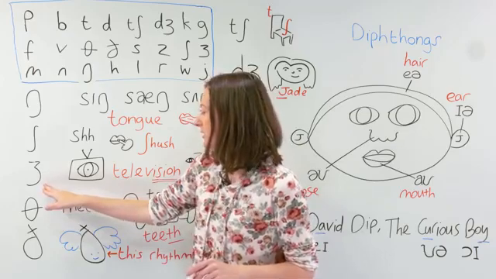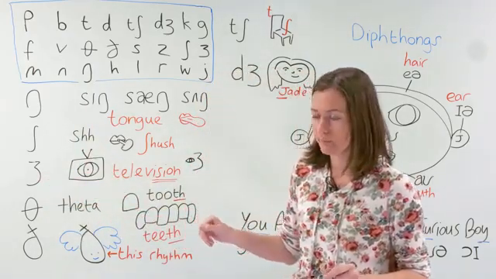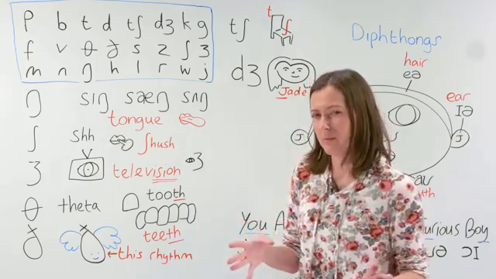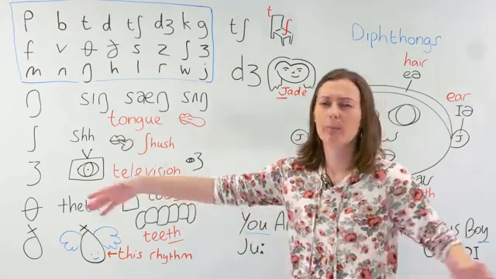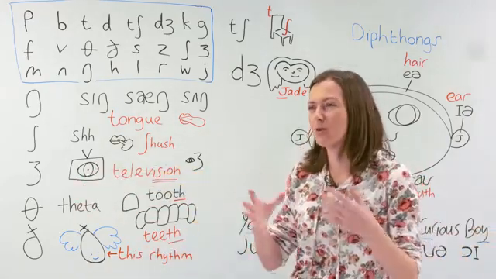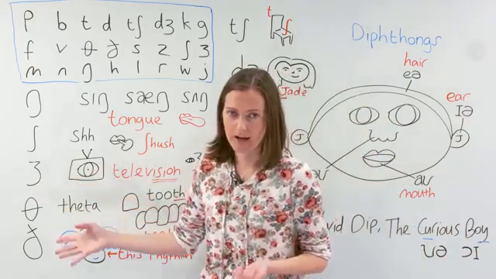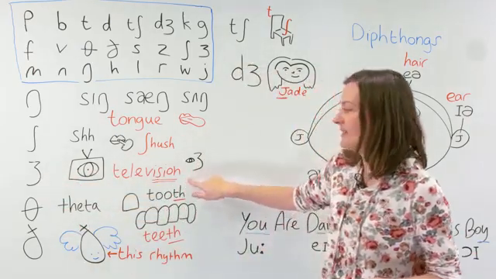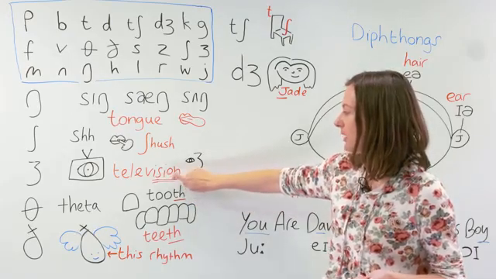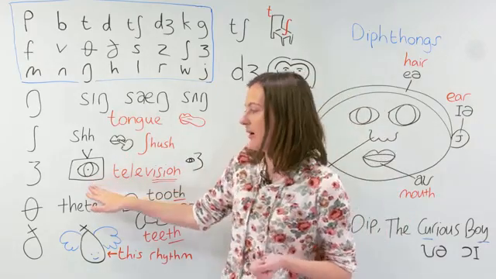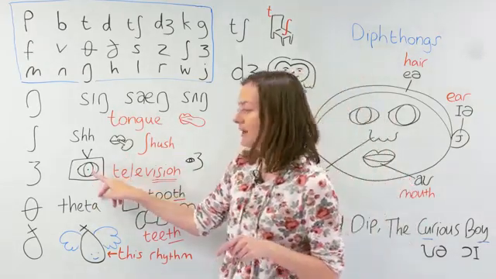Next we have the phoneme for the sound in television. This is a hard one to remember, but actually it's not in that many common words, so we're not going to see this one all the time. It's in the word television. And I've shown it by a TV symbol with an I inside.